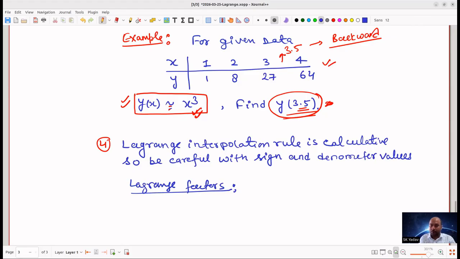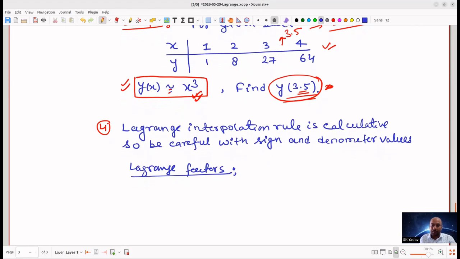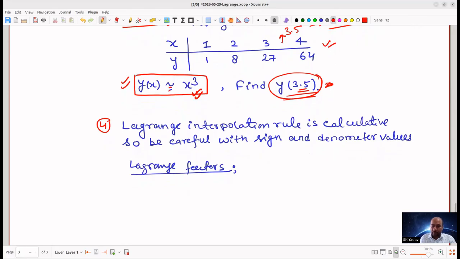While dealing with Lagrange interpolation, be careful with the sign of the denominator values, because all values are a product of factors. So you have to be very careful with the sign of the values and denominator values.